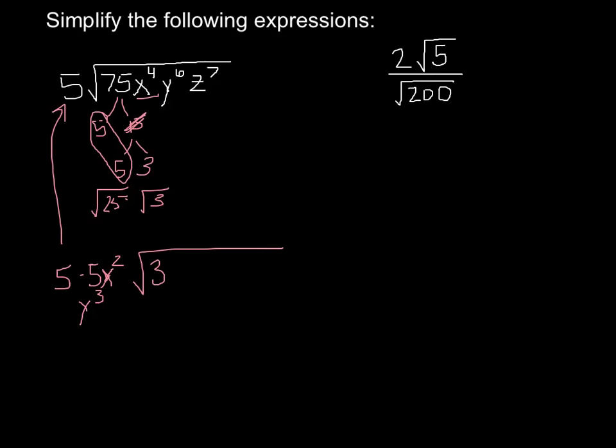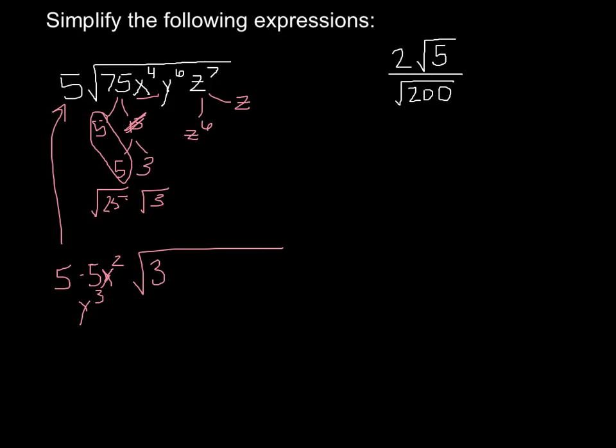So the square root of x to the 4th is x squared. That's what we have here. And the square root of y to the 6th is y to the 3rd. Once you take the square root, it is outside of that radical. Next we have z to the 7th. Now, you can't divide an odd number by 2 and expect to get a whole number. So we're going to split this apart into a z and a z to the 6th.